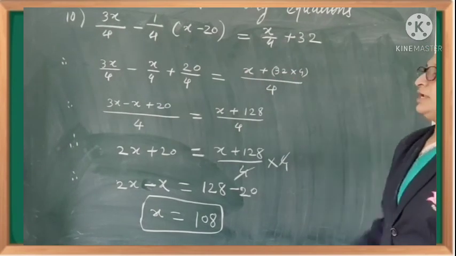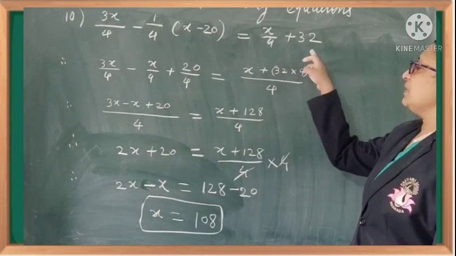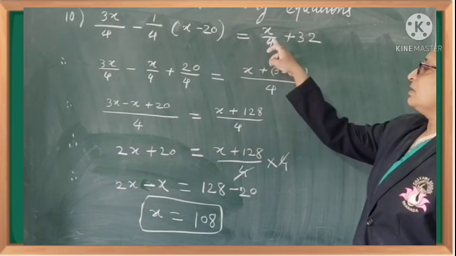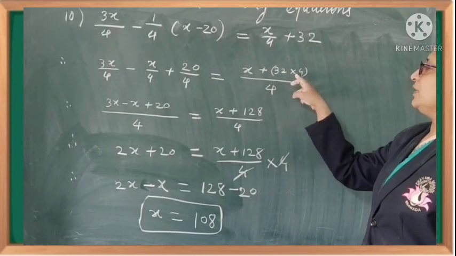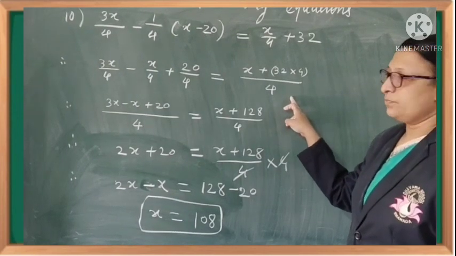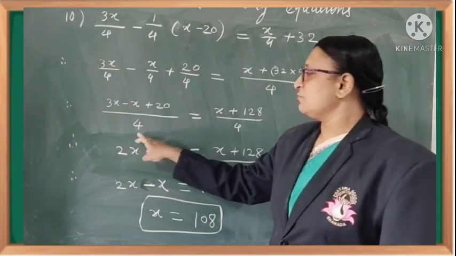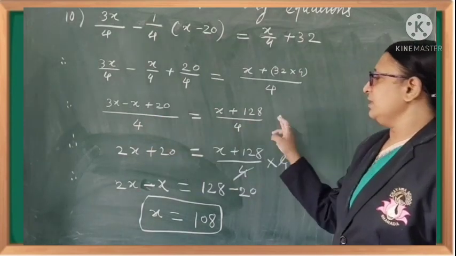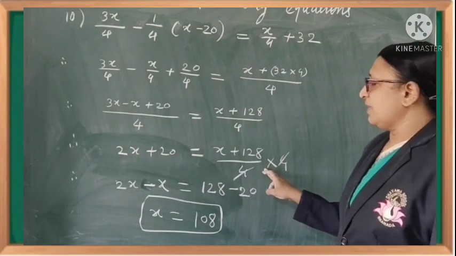On the right hand side, here LCM is 4. x plus 32 into 4. And the common denominator we write as 4. This 4 we will transpose on the opposite side. So it will become multiplied by 4.